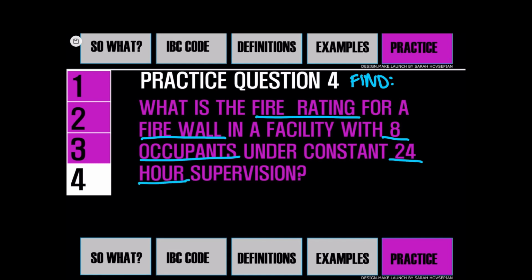Okay, so we know that this is probably going to fall under an I for institutional occupancy group, but let's just double check. And then once we figure out which occupancy group, we can move on to the fire resistance rating for firewall section and identify the hourly rating.